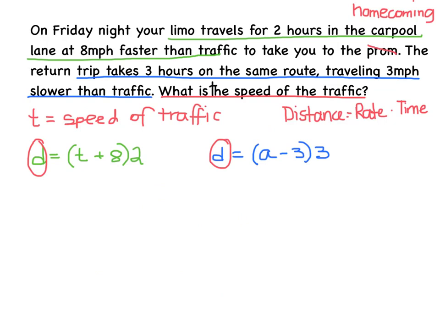So I'm just going to set this equation and this equation equal to each other, except this should say t. So t plus 8 times 2 equals t minus 3 times 3.